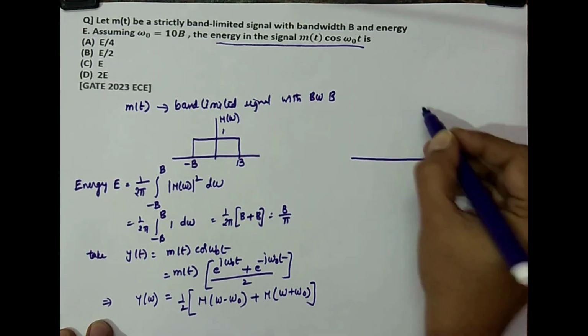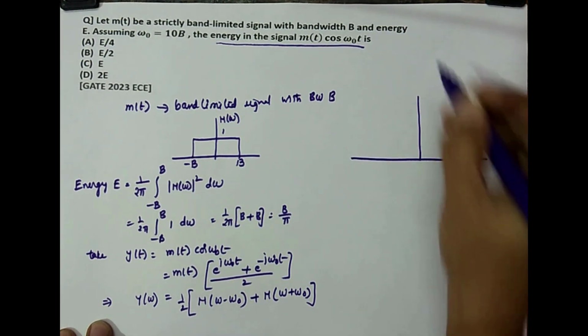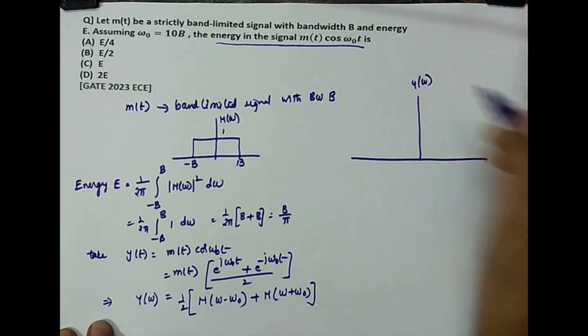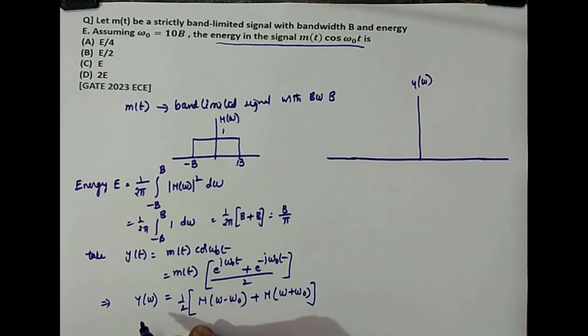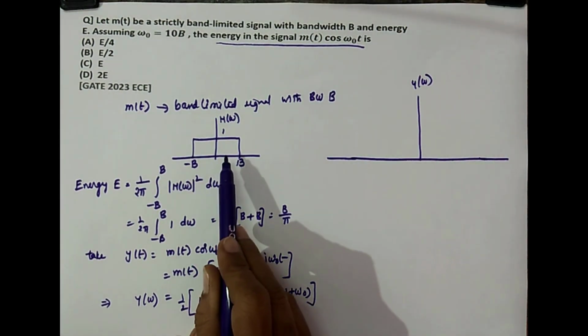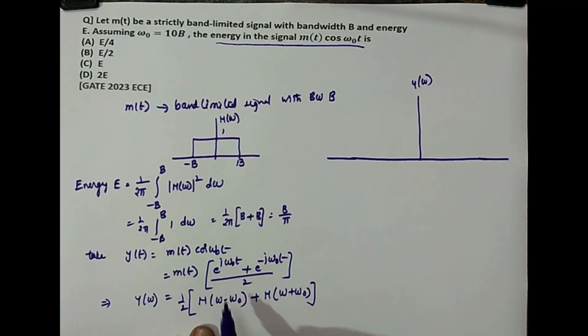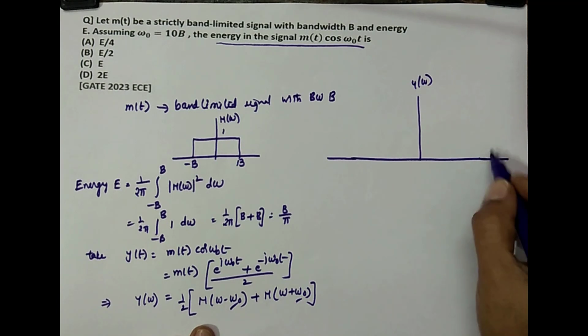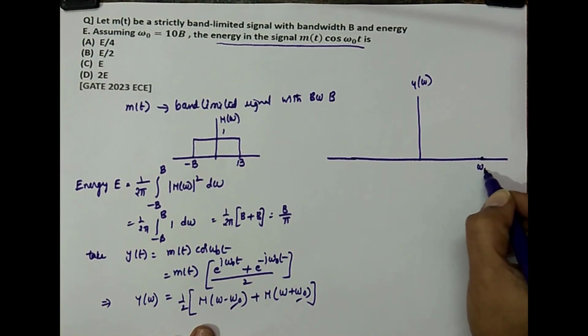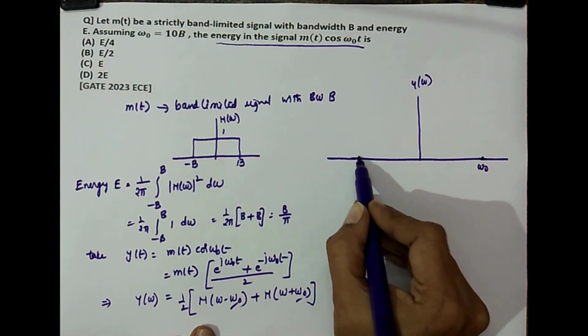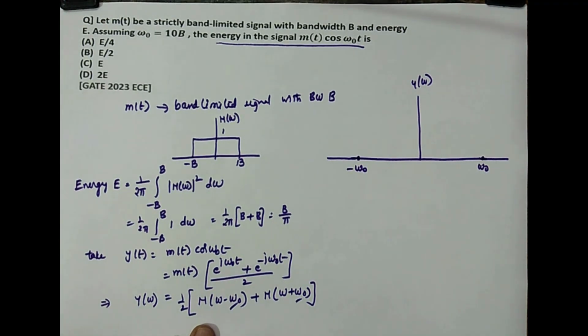See the plot of Y of omega. Y of omega consists of two replicas of your M of omega. One is centered at omega naught, another one is centered at minus omega naught. So let this be omega naught, and here is minus omega naught.